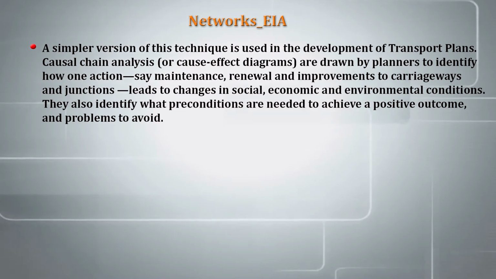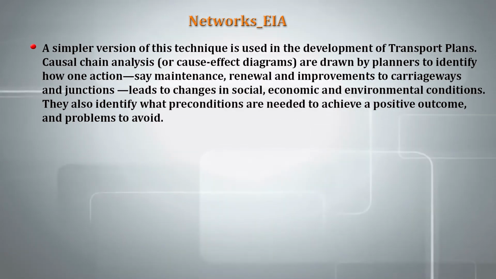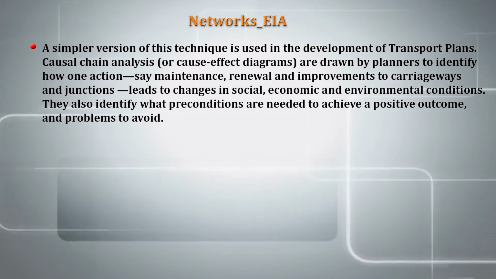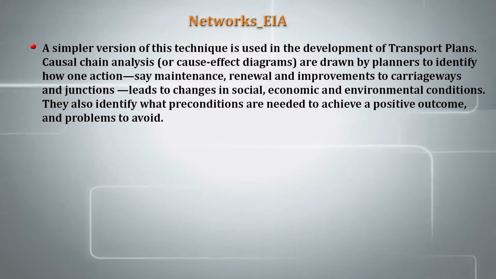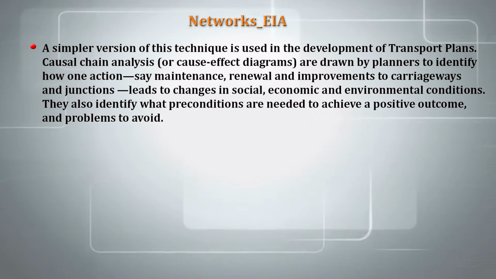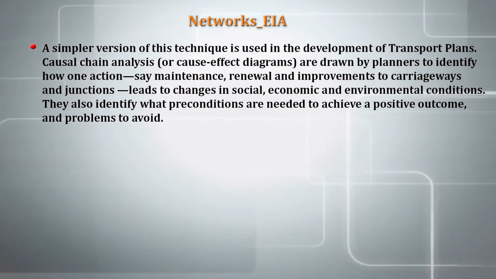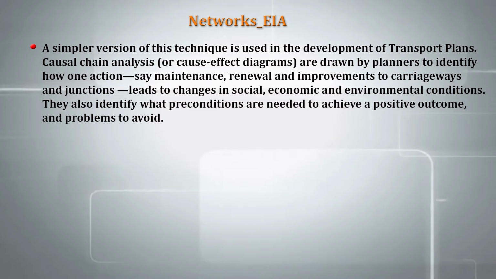So that also will be captured using this method. The causal chain analysis technique also identifies what preconditions are required to achieve a positive outcome, so that problems can be avoided.